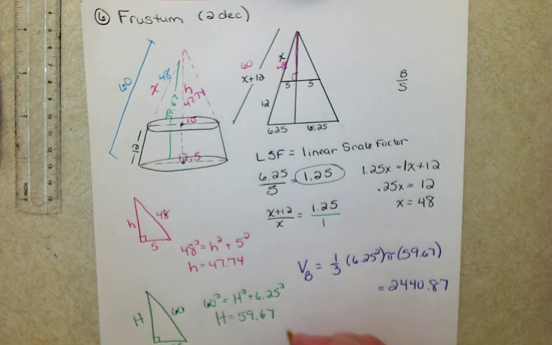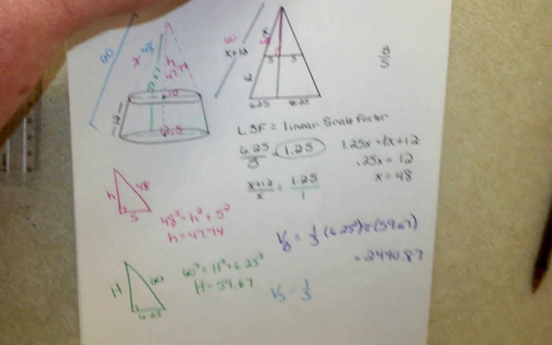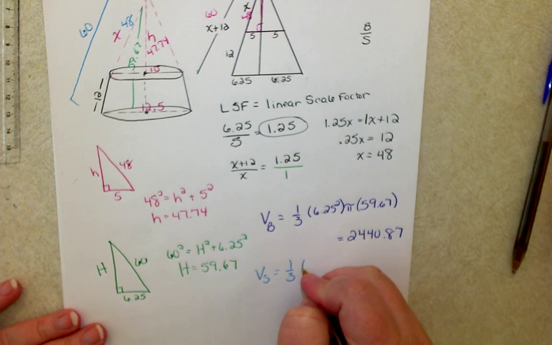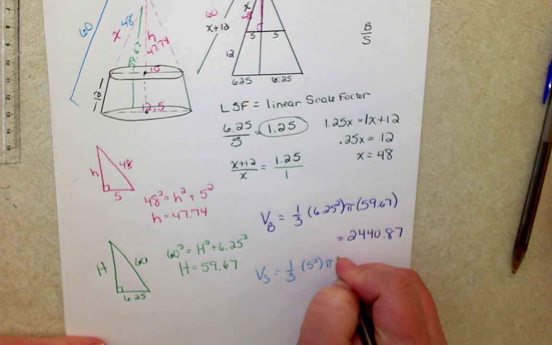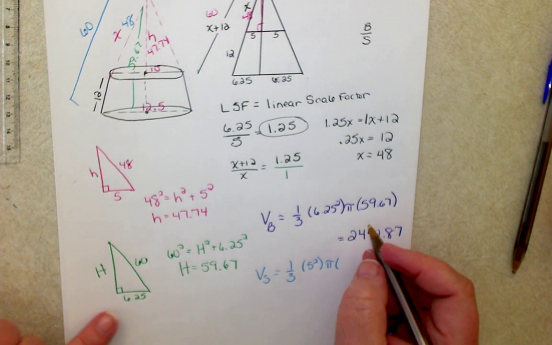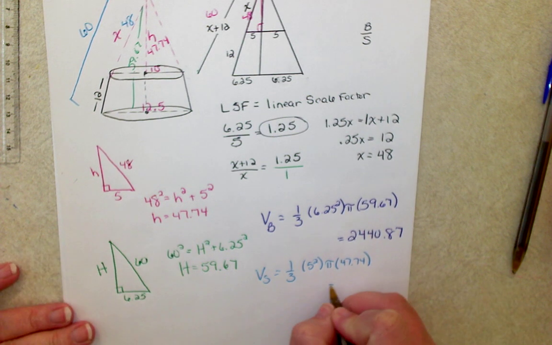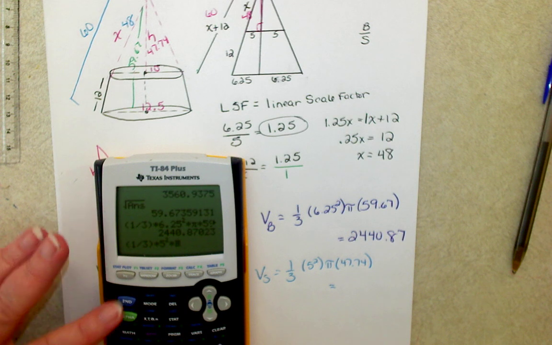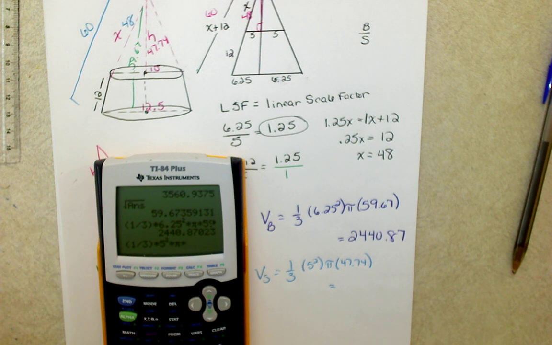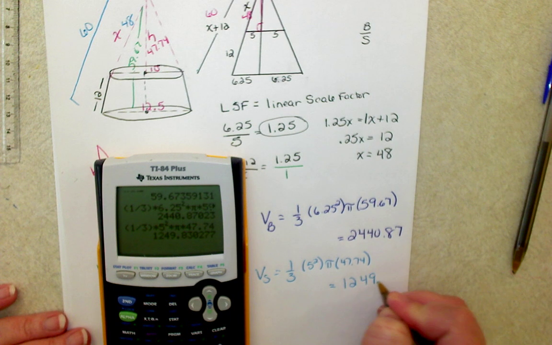Now let's do the volume of the smaller cone. So we have 1/3. The radius of the smaller cone was 5, so 5 squared pi. The height of the smaller cone was 47.74. One-third times 5 squared times pi times 47.74, we get 1249.83.